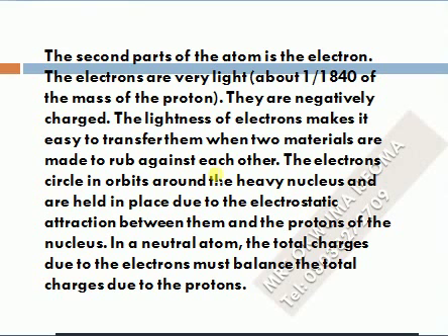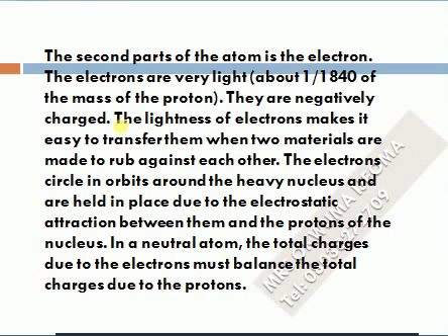Because the number of electrons is higher than the number of what? Protons. But in a situation where the electron is 16 and probably the proton is 18, that atom is positively charged. Why? Because the number of protons is higher than the number of what? Electrons. So we say that the lightness of electrons makes it easy to transfer them when two materials are made to rub against each other.